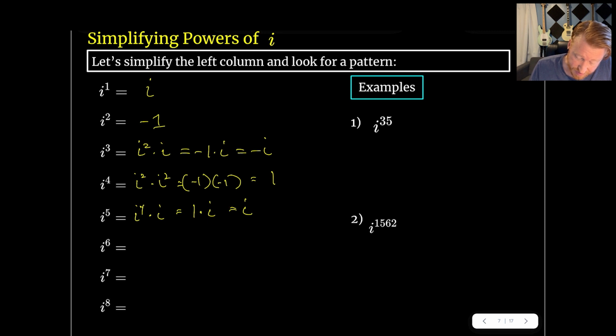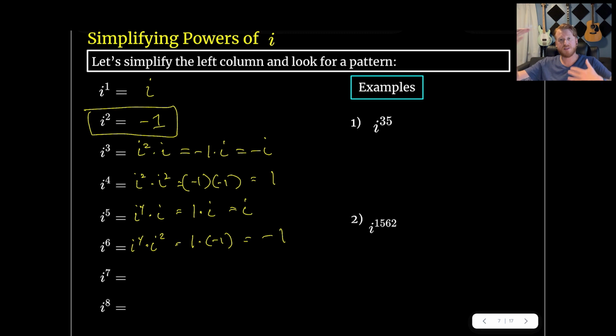Next we've got i to the 6th. I could maybe write this as i to the 4th times i squared. We know i to the 4th is just 1, and we know that i squared is -1. So here we've got -1, which we had here already. So you might be noticing the cyclical pattern that is starting to develop. i to the 7th, well, we can always write i to the 4th first.